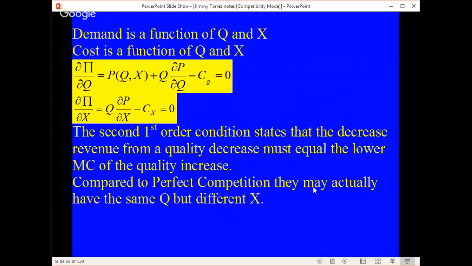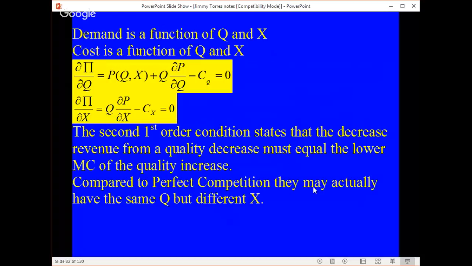So basically, when I take the partial of this total revenue, in this case the partial of total revenue with respect to quantity is just P. But I have Q, which affects P, so it would be plus Q times the partial of P with respect to Q. Again, by the product rule.